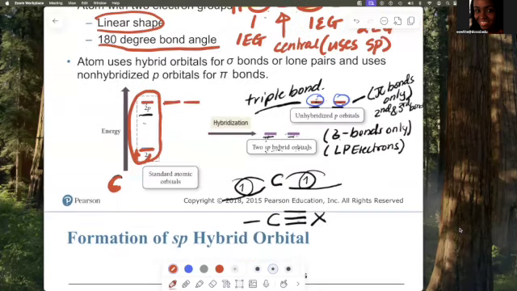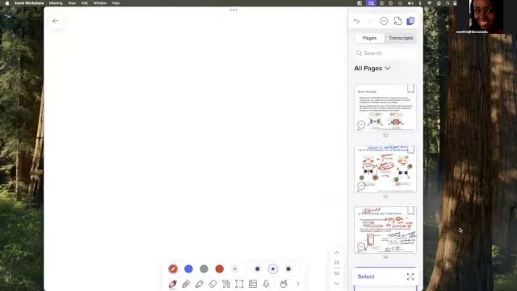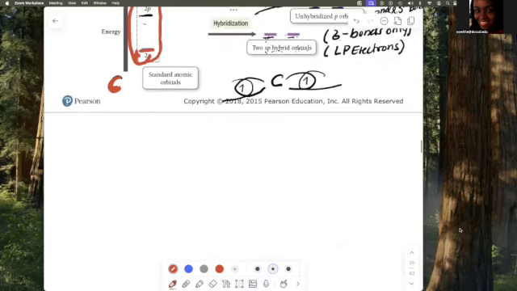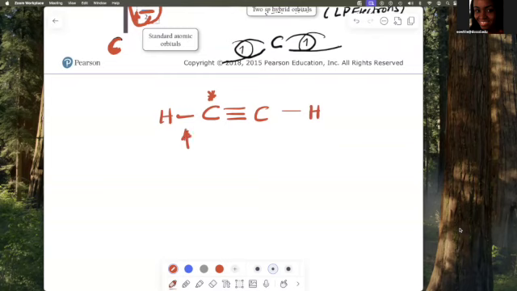So let me go ahead and create a whole new box on the side. Okay, there it is. Okay, so we'll deal with acetylene or ethene right here. So this right here. We have a carbon that has a triple bond and a single bond right here. So my focus is only on the carbon on the left. We're trying to describe the bonding here, right? Based on the number of electron groups here, we need 2 electron groups. So there's a group here and a group here, like I mentioned before. Since we have 2 electron groups, from the hybridization letters, we're only going to be using the first 2.